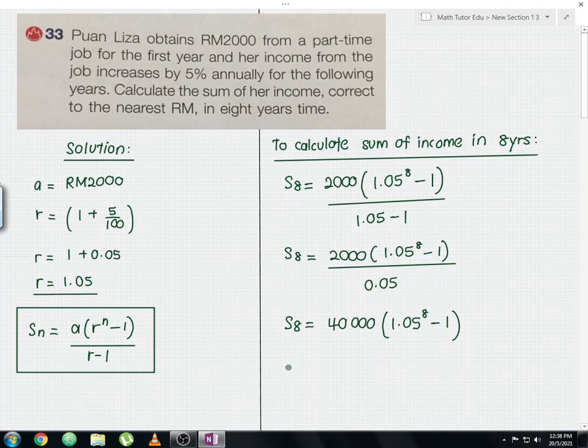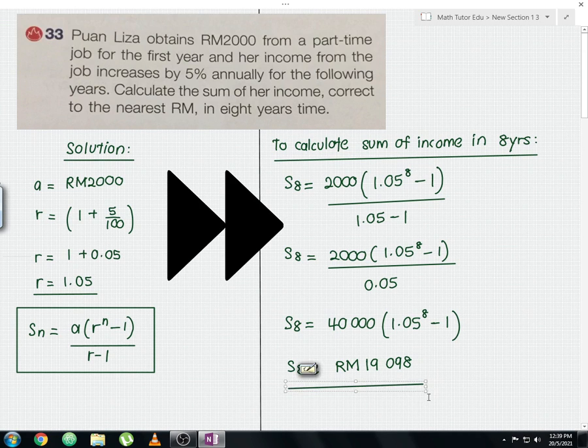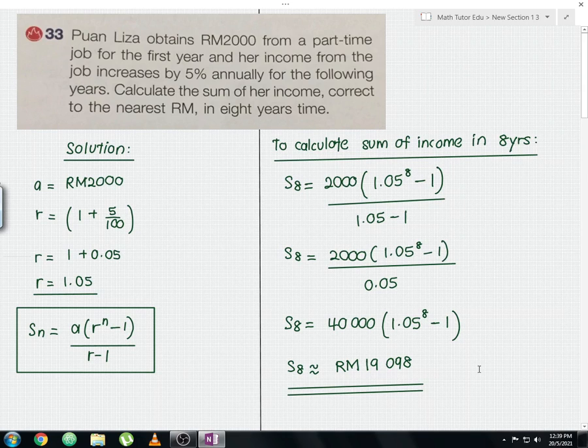You solve this, you should get the sum of income in 8 years is approximately RM19,098. So this is your final answer, guys. Let me underline the solution for this question. So that is all for the step-by-step working and solution for this question.